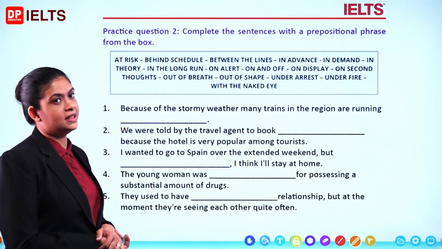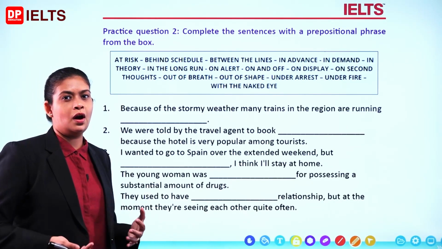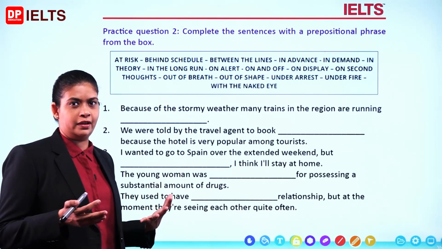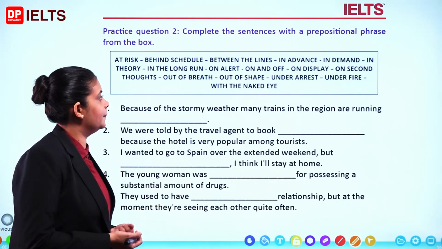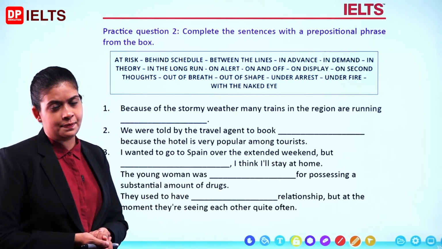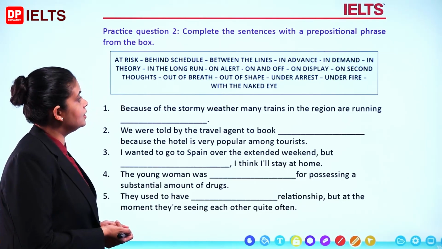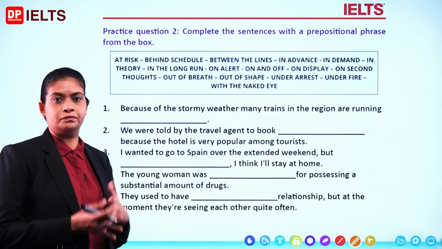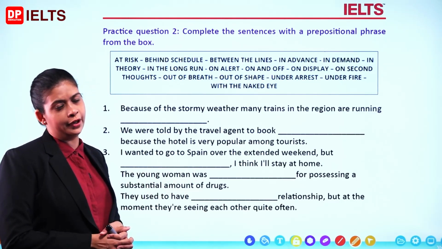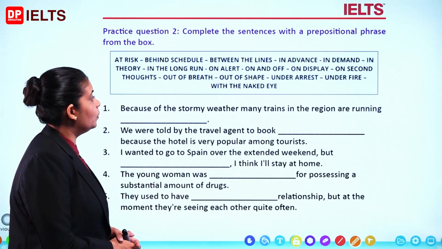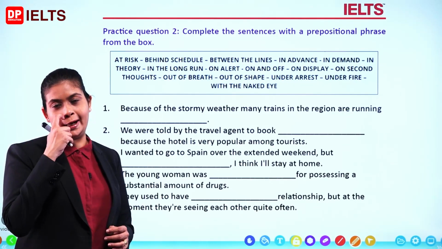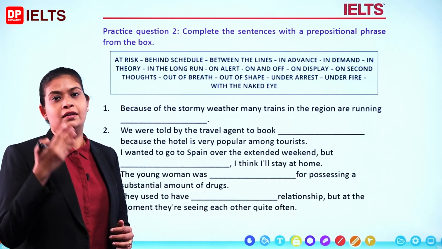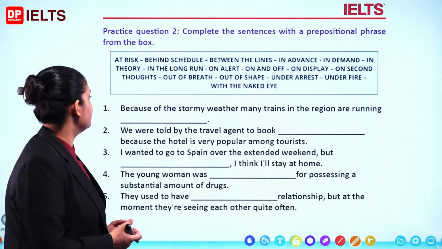Out of shape means that you are not in your exact shape, right? Under arrest, that means the police have caught you. Under fire, again, is basically you're in a problem, or it could be fire as well, okay? With the naked eye means you don't wear glasses or anything, you look at it with your normal eye, right?